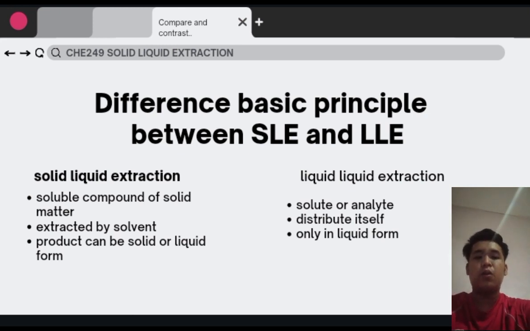Next, for liquid extraction, the basic principle is that it involves the solute or analyte, and they can distribute themselves, and the product will be in liquid form. From this slide, we can know that there are two different types.